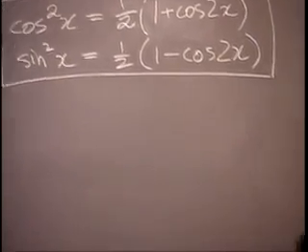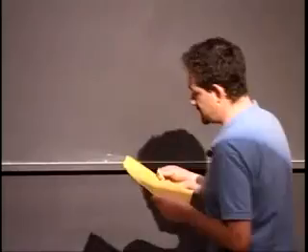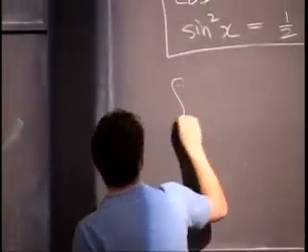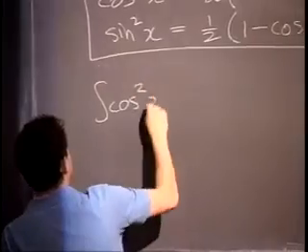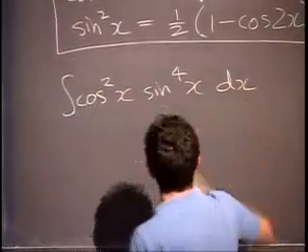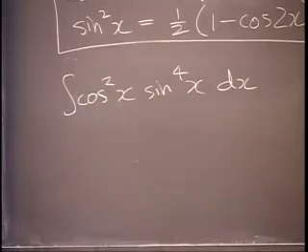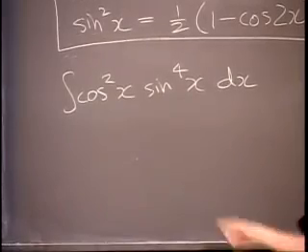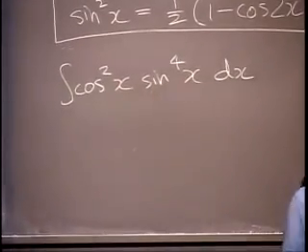So when I say use this, let me give you an example of how to use it. What do I want to do? Cosine squared x sine to the 4th x will do. Let's try doing this integral. Well, the prescription calls for finding an odd exponent, but 2 and 4 are both even.